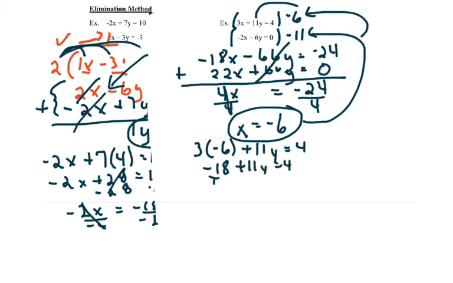I'm going to add 18 to both sides. 11y now equals, and on the right side of the equation, I've got a positive 18 and 4, which gives me 22. And now my last step is to divide by 11. And I get y equals 2.